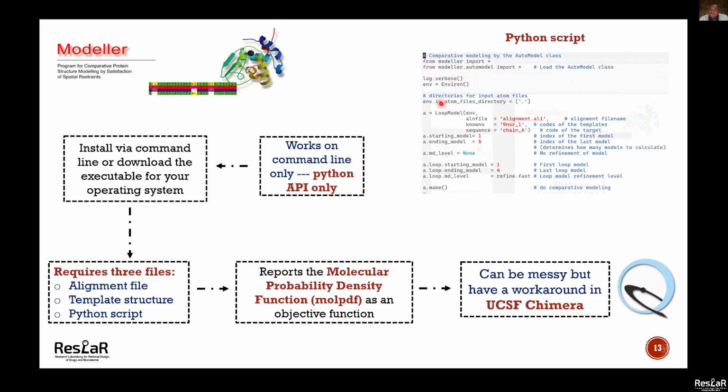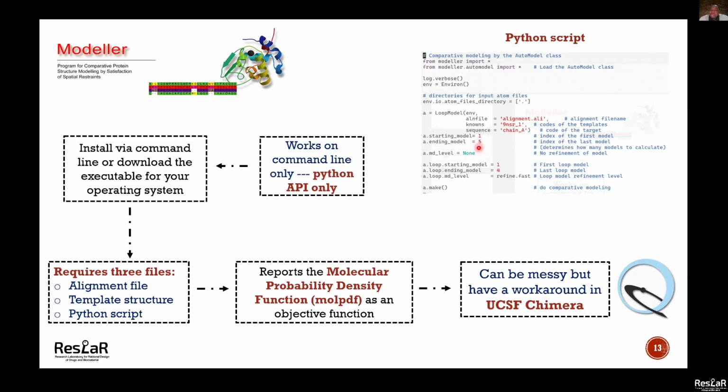Then you have the alignment file, alignment.ali. That is usually the format it takes, not a FASTA file now, but an alignment file. It will also take the template structure. Then obviously you specify chain A, because it depends on the chain of the protein you're working with.